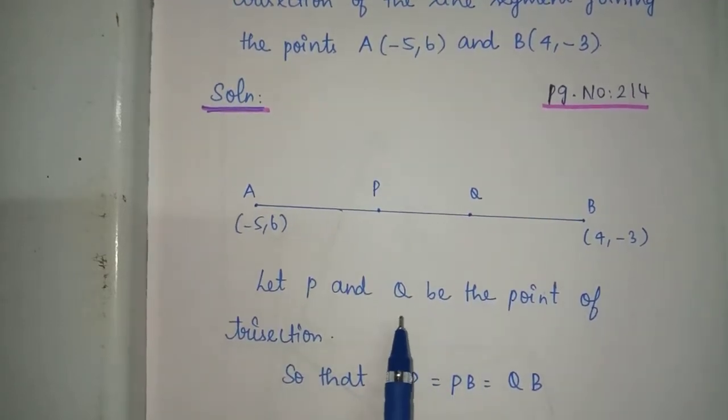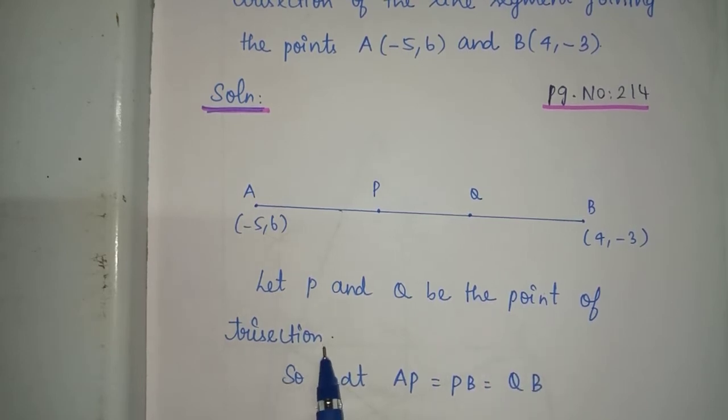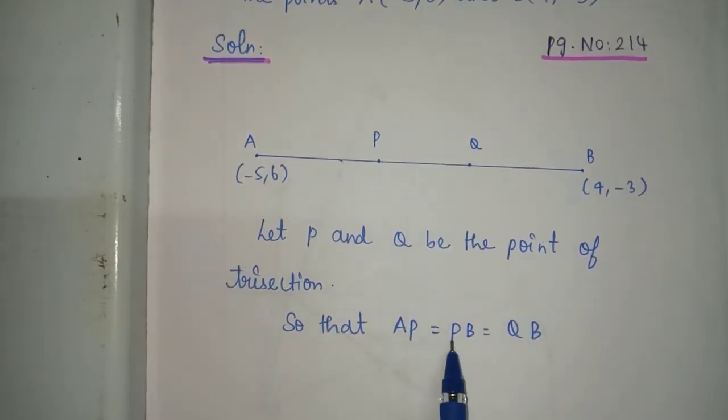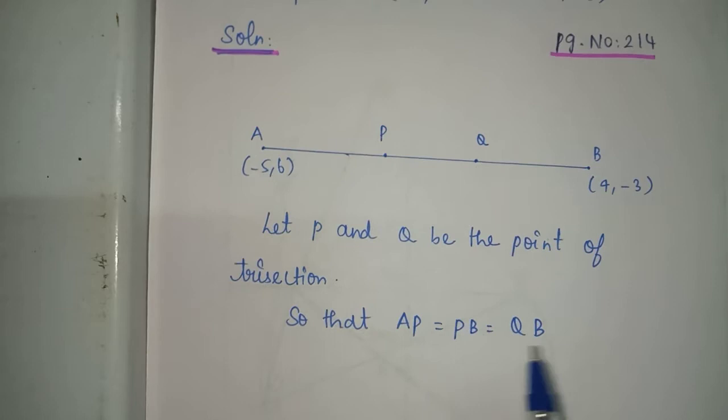So let P and Q be the points of trisection so that AP is equal to PQ is equal to QB.